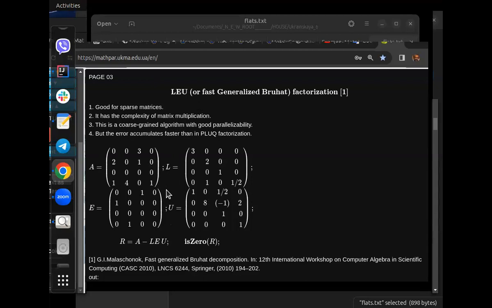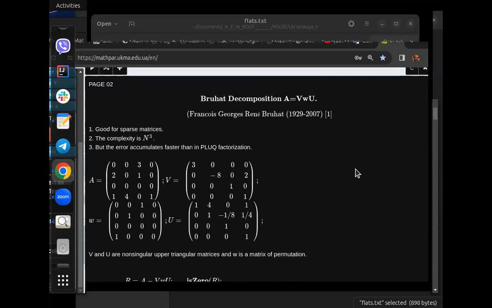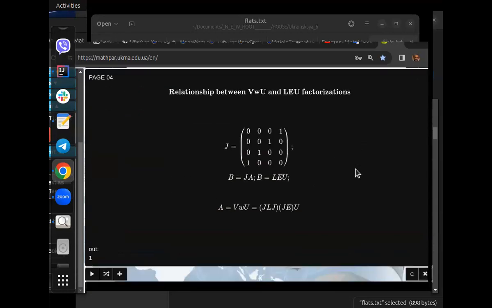What is the connection between these two decompositions, LU and the previous Bruhat decomposition? It is a very easy connection. You can take such a matrix J, you can see it here. If you take B equal to JA, and then obtain the LU decomposition for the matrix B, then matrix A may be written as the product of three matrices V, W, U, where V is equal to JLJ, W equals JE, and U is the same U as previously.